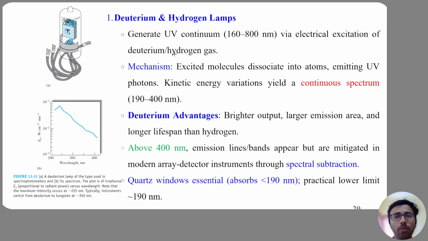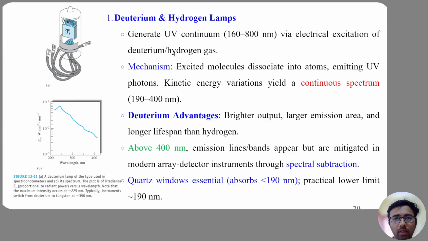Another extremely important detail is the lamp window material. Generally, ordinary glass absorbs ultraviolet radiation below 350 nanometers. Therefore, glass cannot be used. Instead of that, we use high quality quartz.